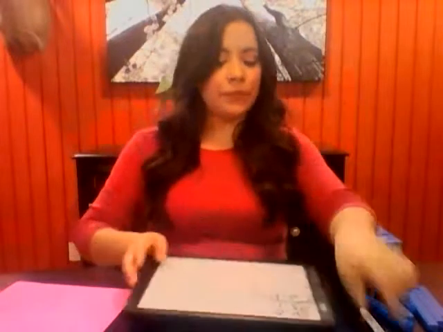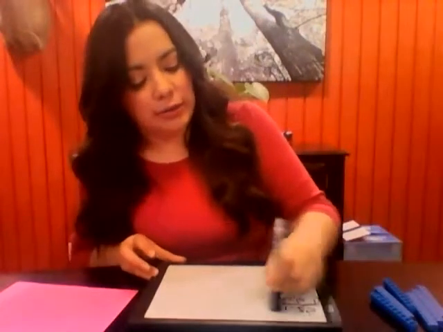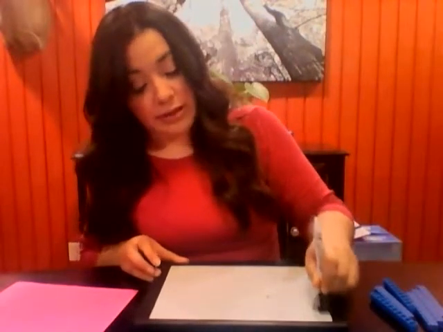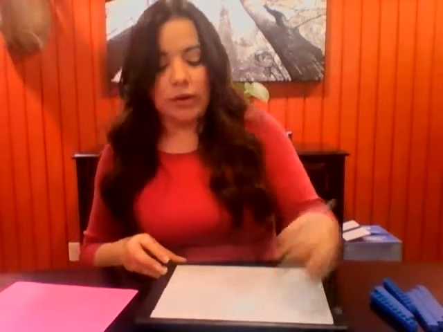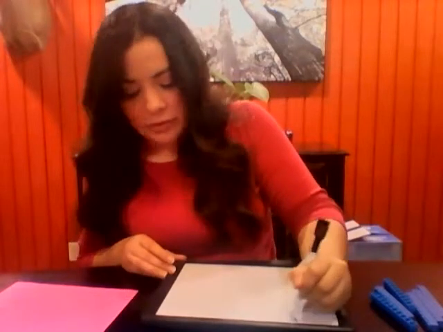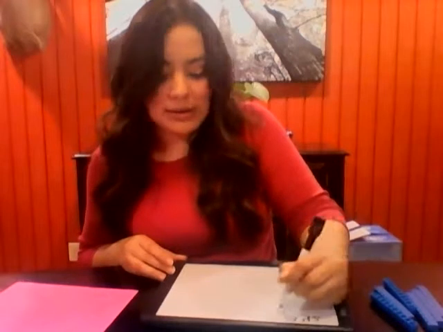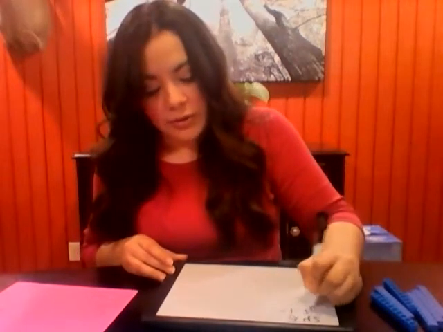Okay, we'll move on to subtraction. We're going to be using the same numbers. So we'll do 3 and 42 hundredths minus 1 and 25 hundredths.